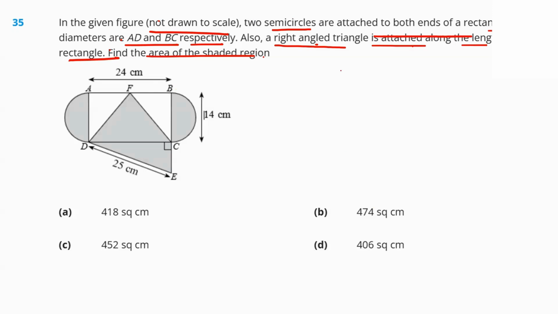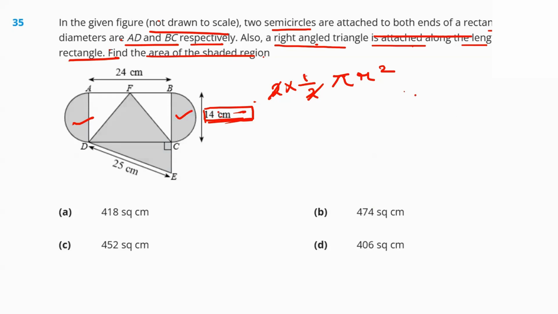If we just look at the shaded part, first we'll find this rectangle. This and this have the same area because they have the same diameter. That's 14 centimeters. Okay. So the formula for area of circle is pi r square. Since it's a semicircle, it should have been half. But it's 2 halves, so it's actually a circle only. So 2 times half, which is nothing but pi r square only.